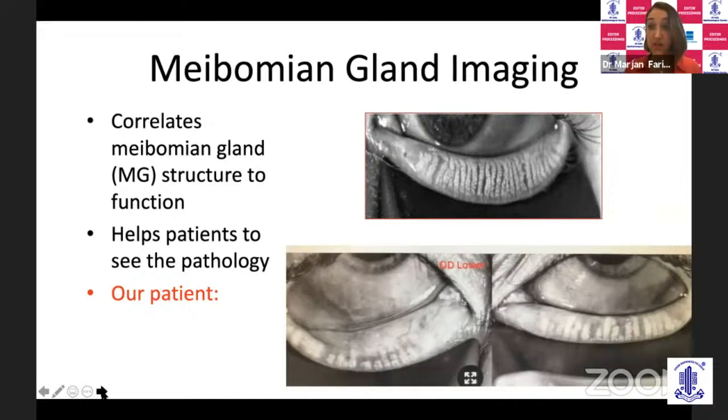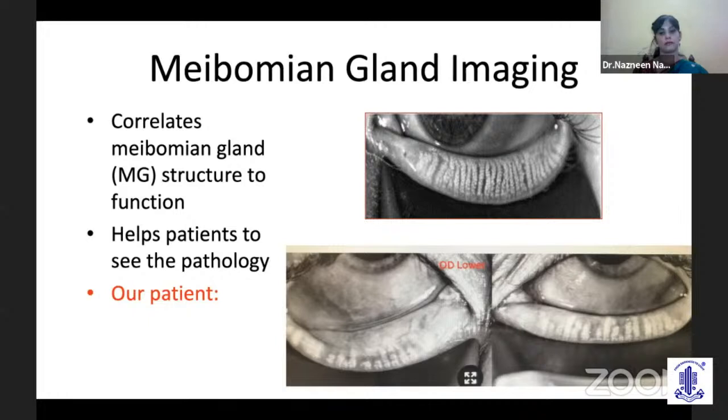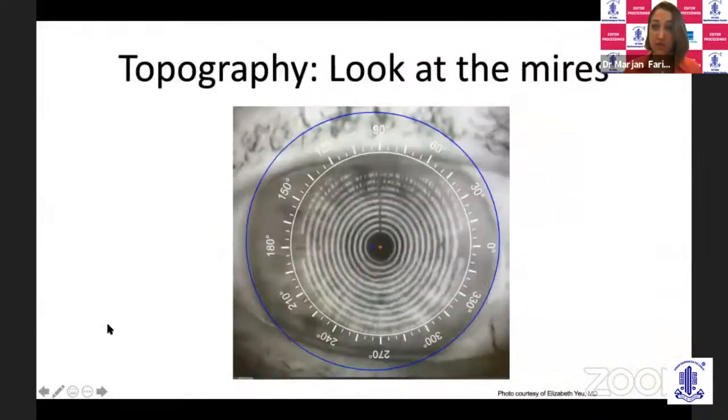It will also help get the patient on board with their disease state, because they can really understand, yes, this is normal, and my lid looks abnormal. I can see where I have Meibomian glands that are shortened, thickened, and areas of dropout of clear Meibomian gland structure. Our patient had a significant dropout there.